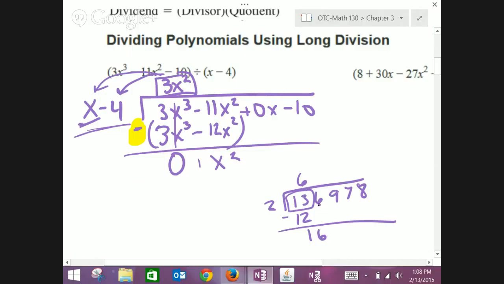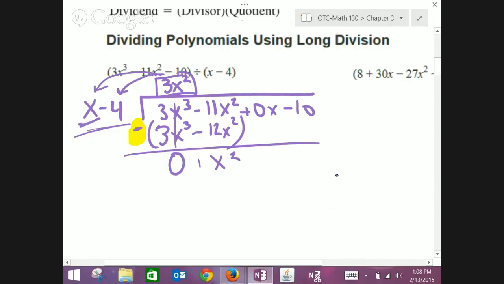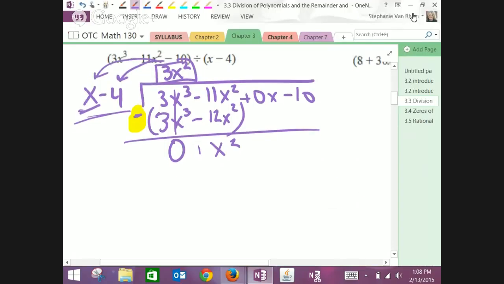Middle school maybe. We're doing the same thing, except now with polynomials. We're looking at each term. Here I'm asking what I need to multiply by my first term to get 3x cubed, and I pick 3x squared.